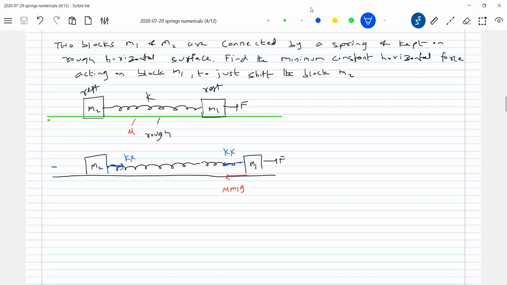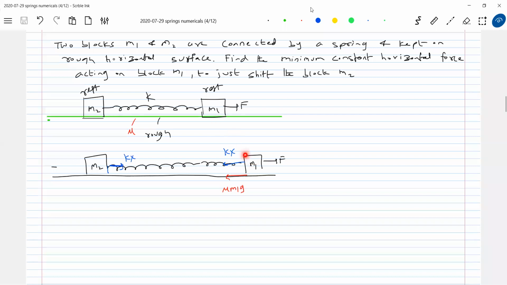Here, what is the state of m1 when we are doing that? I'm pulling it from rest to rest gradually. I'll apply force, m1 not moving. Again, I'll increase force. Now I apply force which is just greater than limiting friction. Then the block m1 shifts. As it starts shifting, on the LHS the spring force will increase, no? So these two forces together will balance, and m1 will come to rest here.